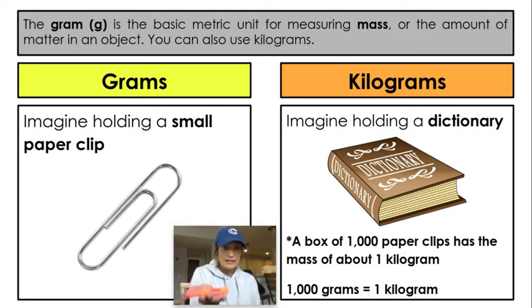My highlighter is probably about 3 grams, because remember, a paper clip is 1 gram. I would also measure the mass of an avocado in grams because it's light. It's not heavy, right? So this is probably maybe 10 grams.